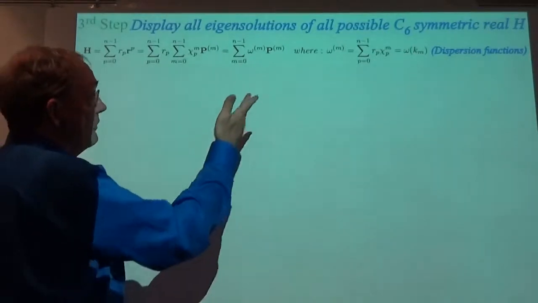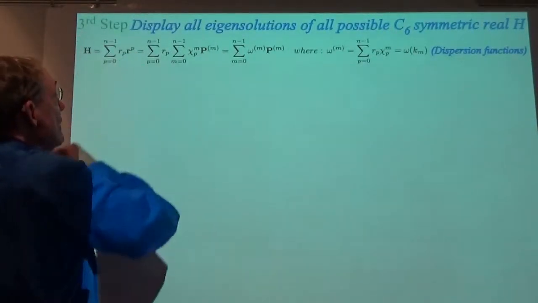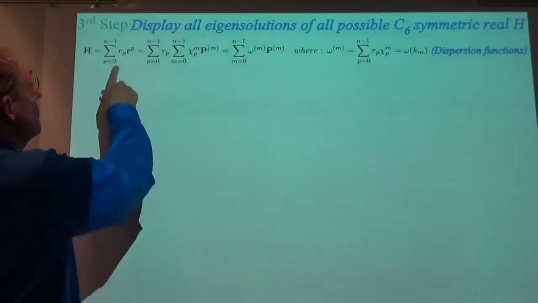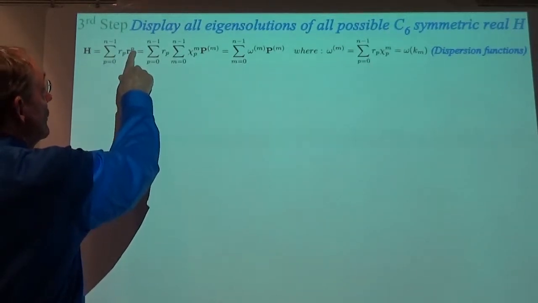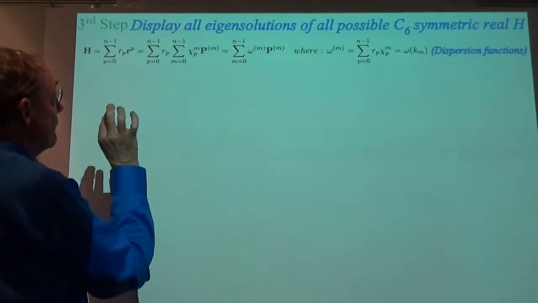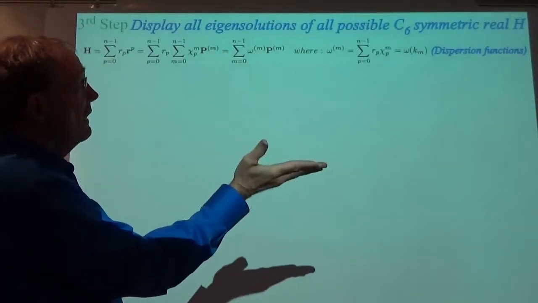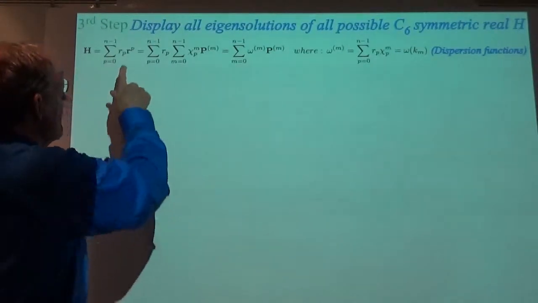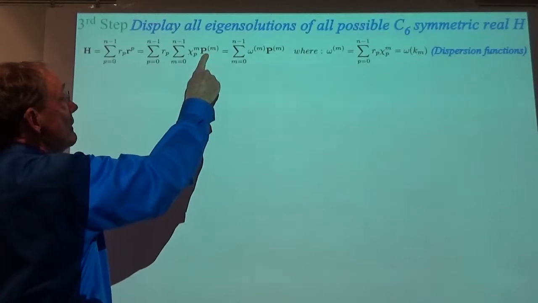So this is C6 with n equal to 6. I would be summing 0 through 5, with those parameters 0 through 5 and the powers 0 through 5 of the fundamental, in this case, 60-degree rotation. So what I'm going to do is break the R^p into its spectral decomposition.